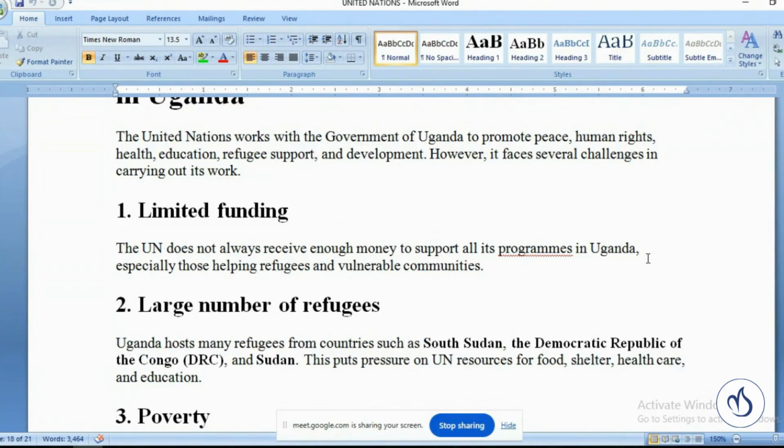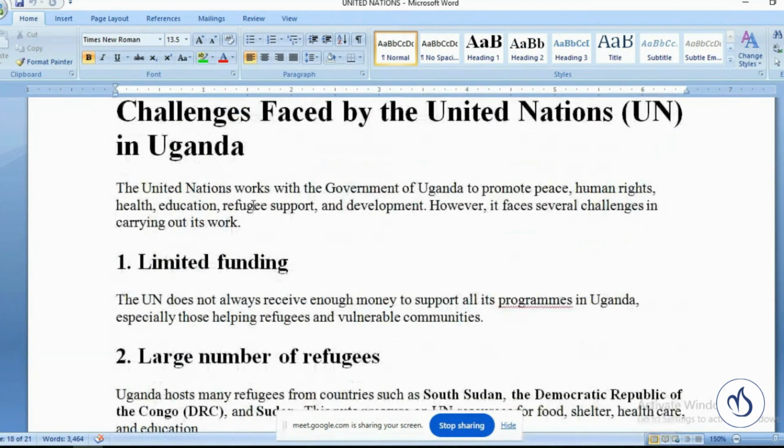That's why I told you about the problem of unemployment, which is still a burden to our country. If the UN could intervene, if it had no challenges, that problem would be solved. But since it's still a problem, it's affecting us, and it's affecting the UN as an organization. It finds problems, especially while helping refugees and vulnerable people, because of limited funds.